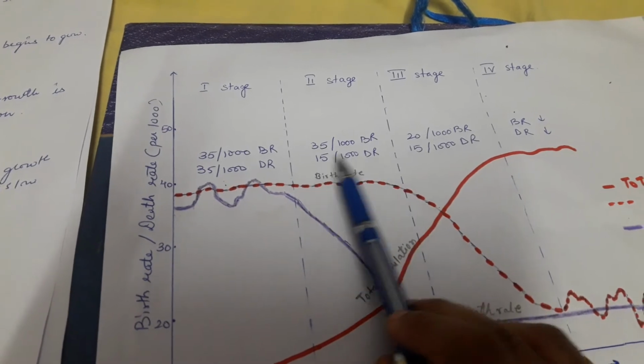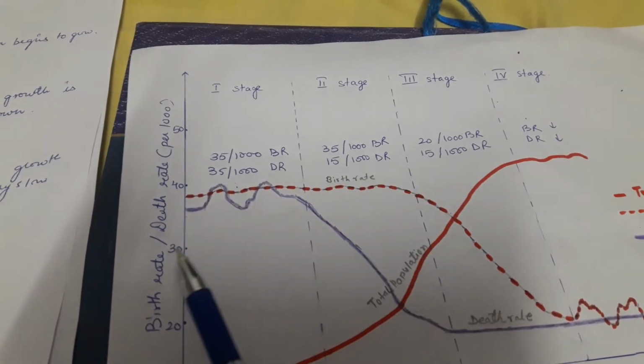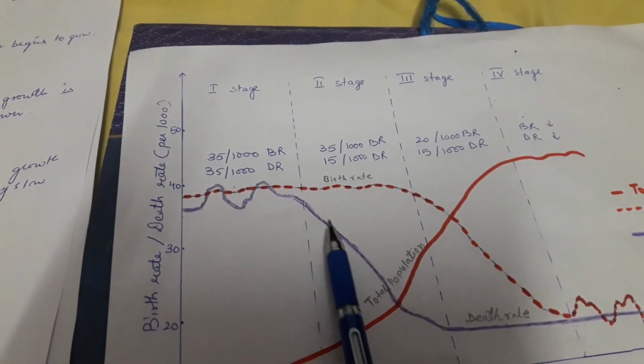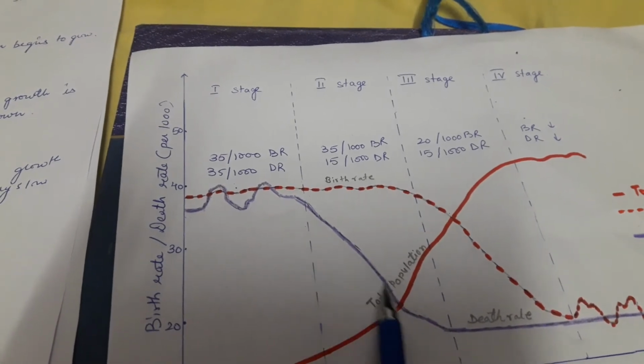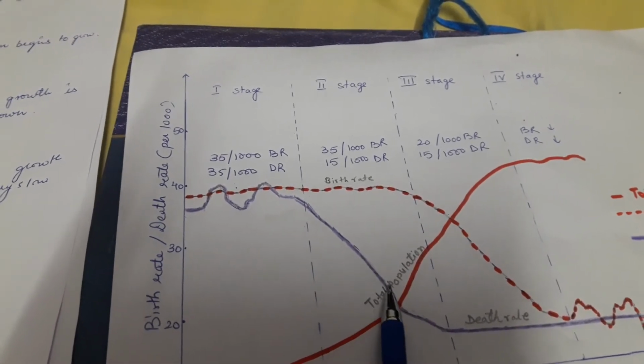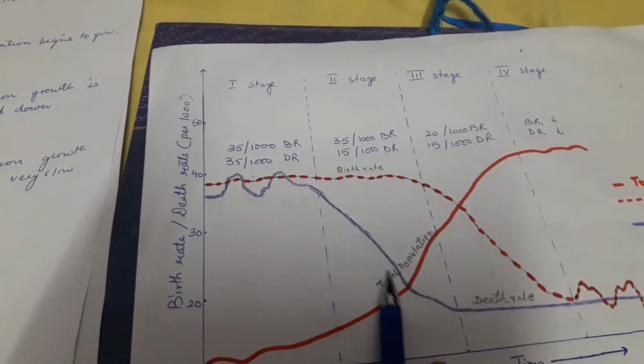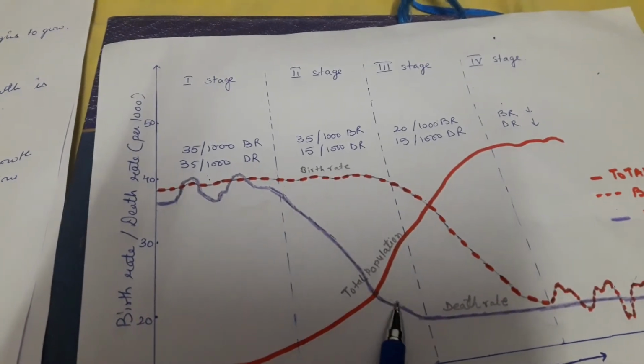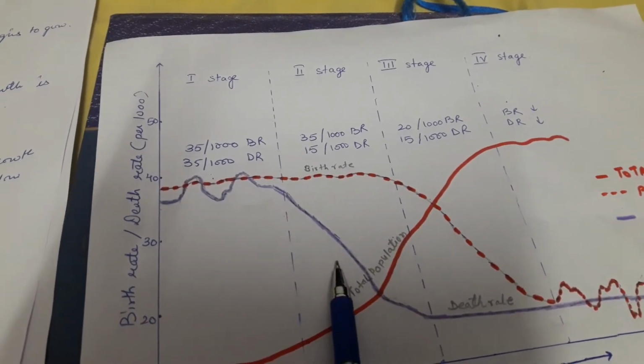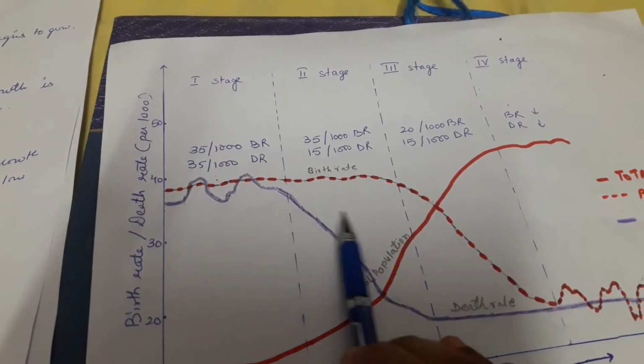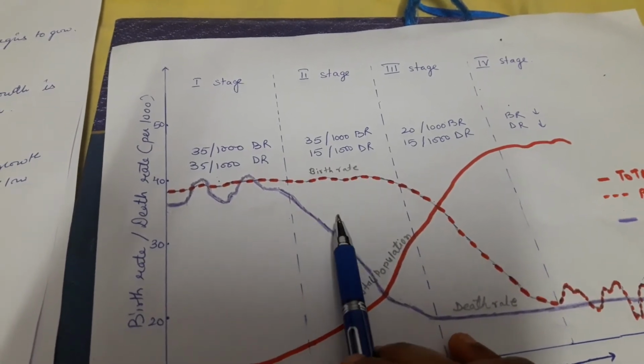It is stable, but the death rate has fallen. Why has it fallen? Because there are better sanitation facilities, better hospitals, medicines are available, and the economic structure has improved. So this is the second stage.